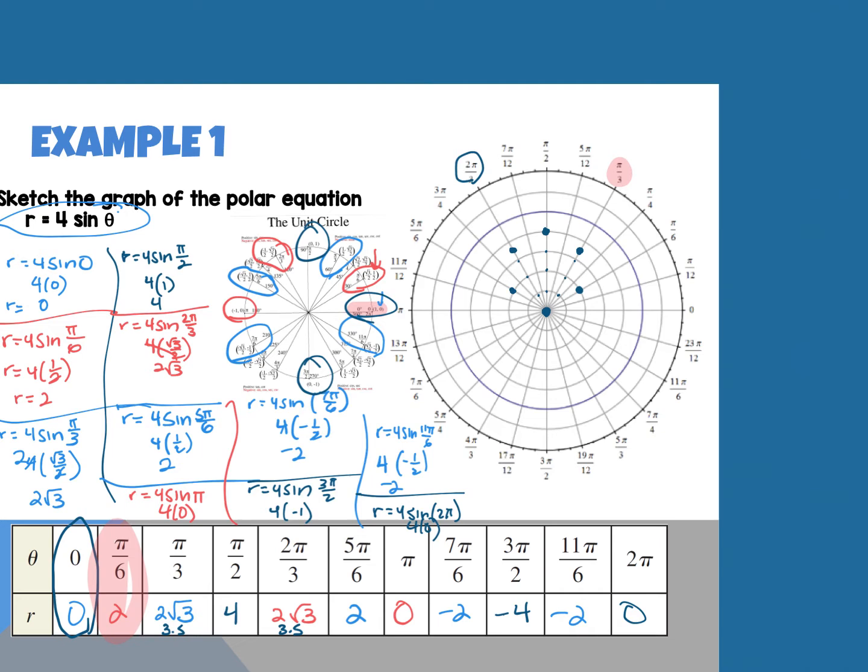Yeah? Okay, then I'm going 7 pi over 6, negative 2. 7 pi over 6 is over here, but negative 2 moves me away from that angle, right on top of the dot I already have.